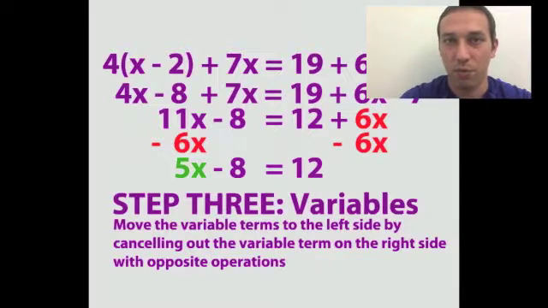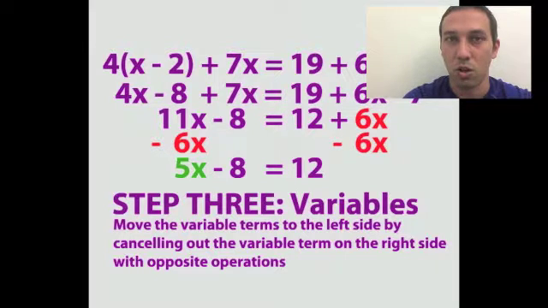If you only have the variable on one side of the equation at this point, you'll probably want to leave it on that side. If you do have variables on both sides of the equation, you should know that it is okay to move the variables to either side. But for our examples, we are going to always choose to put the variable on the left side of the equation.